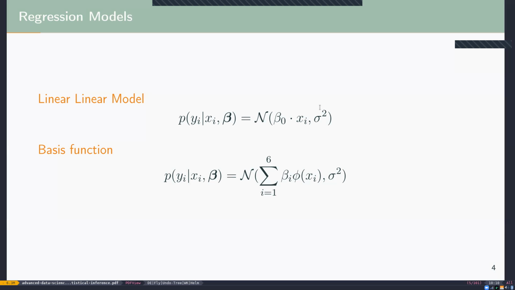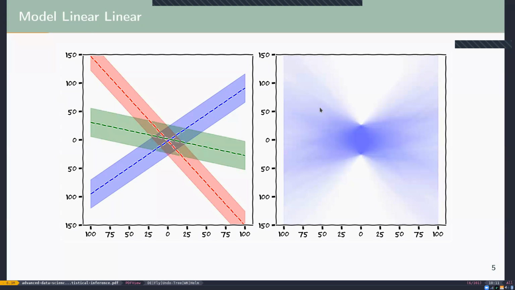Okay. So now, if I take my linear model, the first one, that means that each setting of beta is going to generate one of these, and my likelihood function over y given beta is going to look like one of these bars, right?